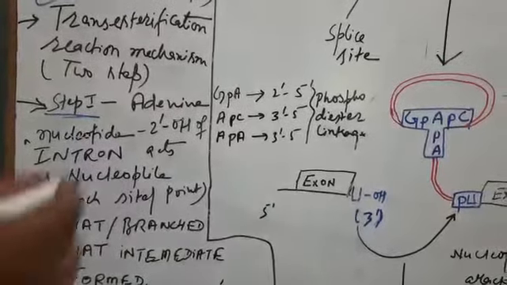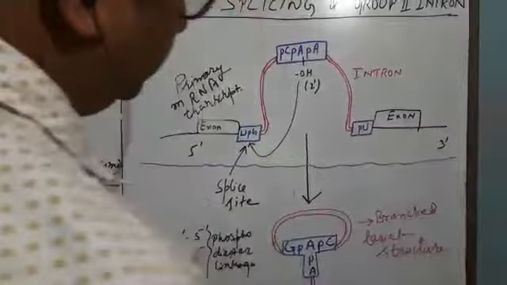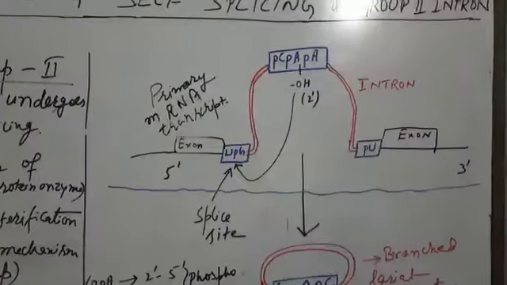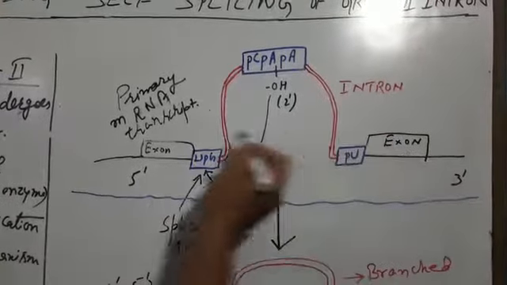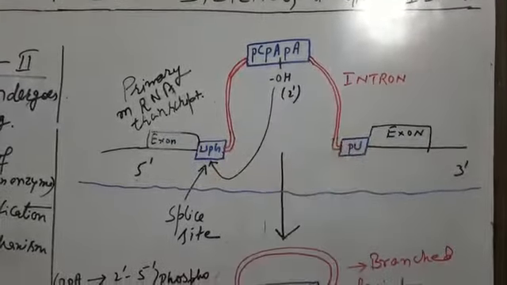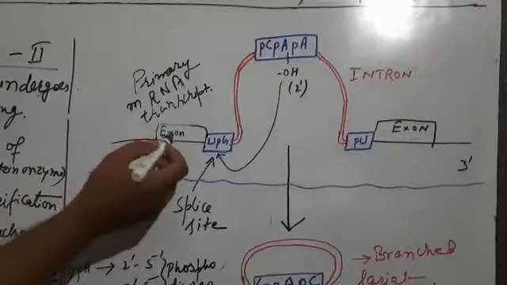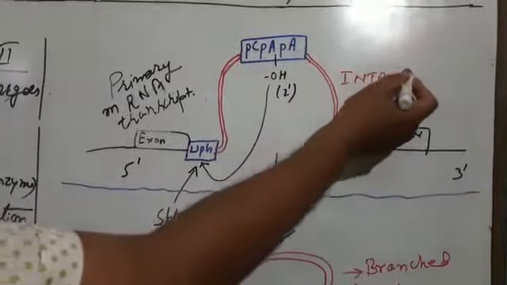Now you see here the structure. This is the structure of the primary RNA transcript. This is the 5' end, you have the 3' end. Just for the sake of distinction, you have two exons, and between the two exons, this is the intron part.